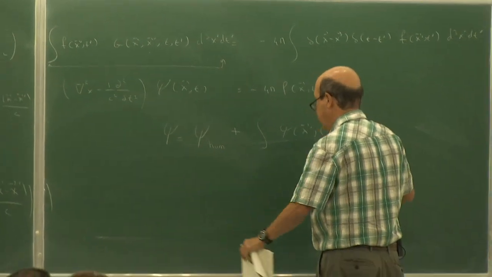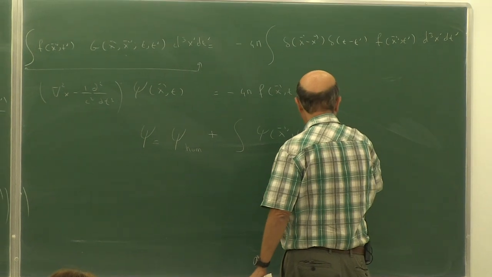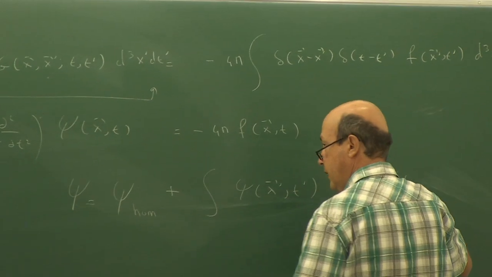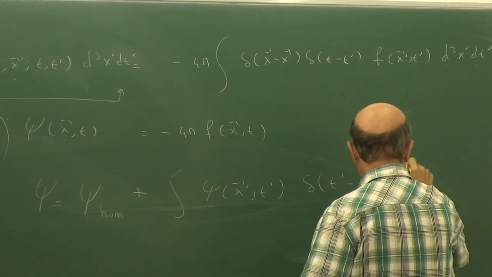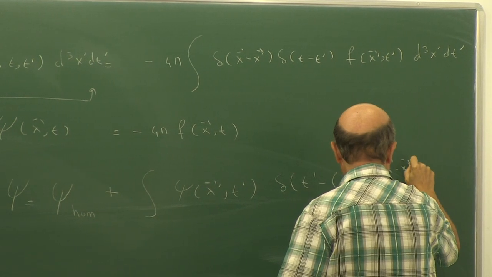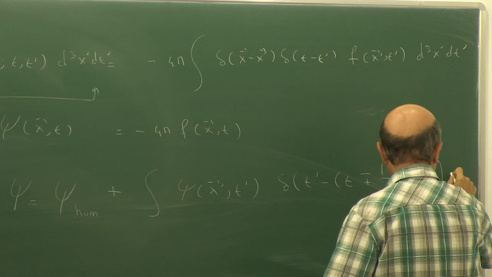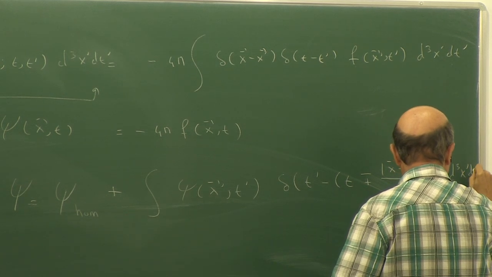And that is nothing but delta of t prime minus t plus x minus x prime over c, d cube x prime dt prime.